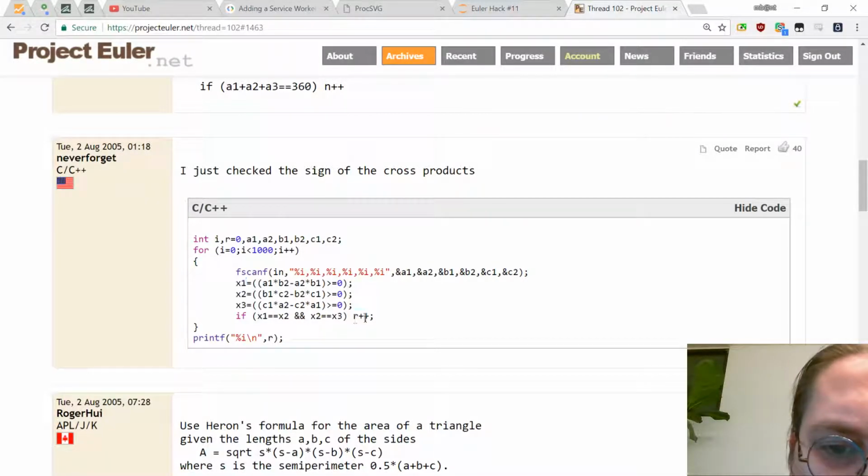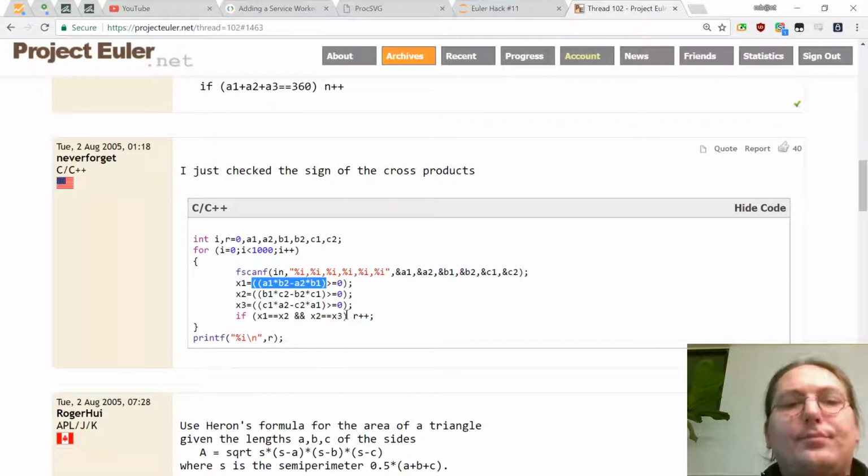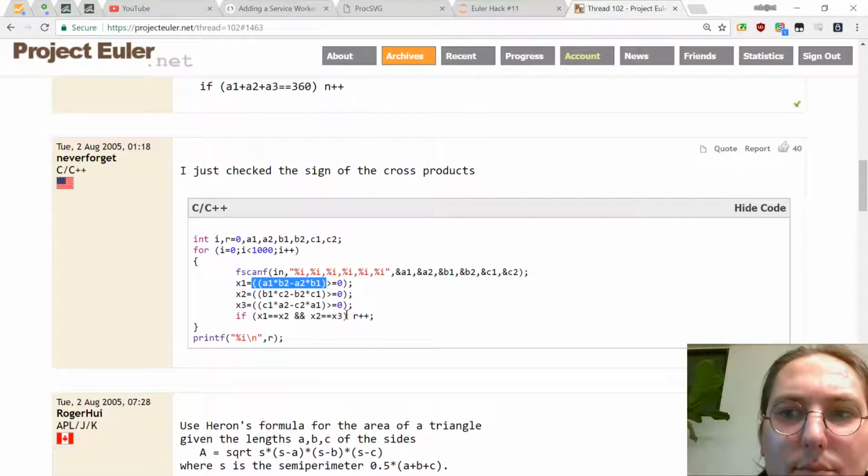And then the solution is then he increments. What is he computing? I don't get it. He's A1 times B2. That's the x of the first.